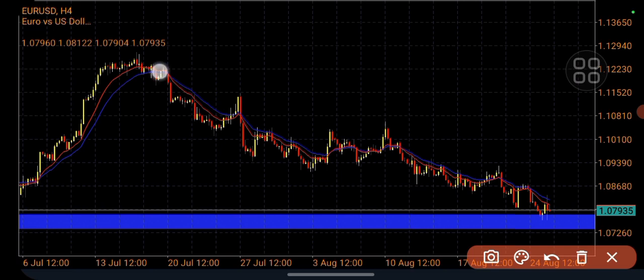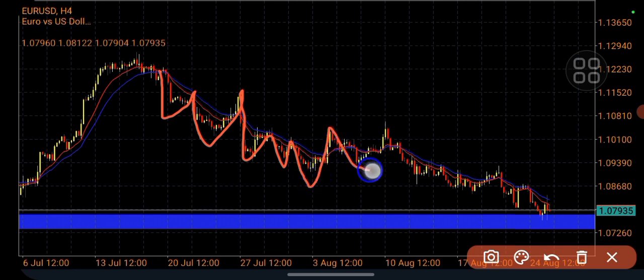As you can see, higher high, then it just comes back. After it comes here, look at it, it breaks, comes back. Did you see what is happening? Then it started making small moves.